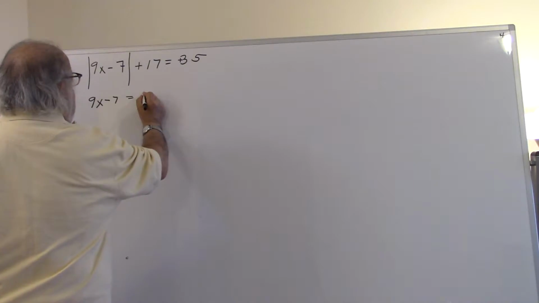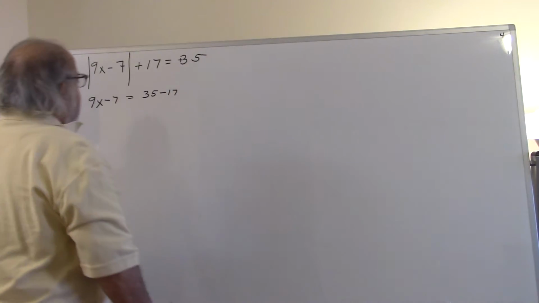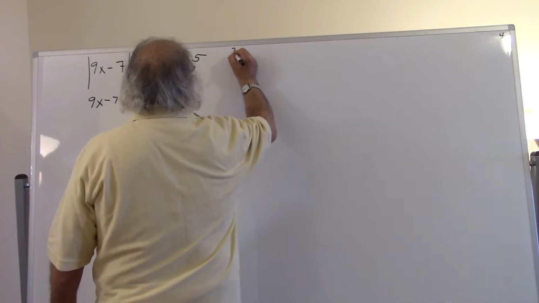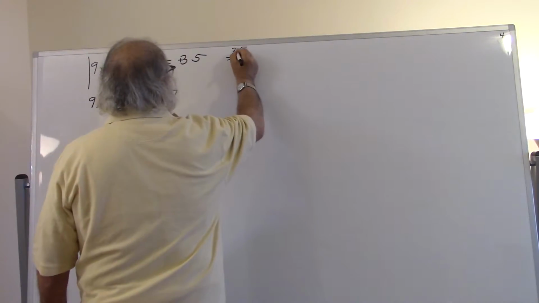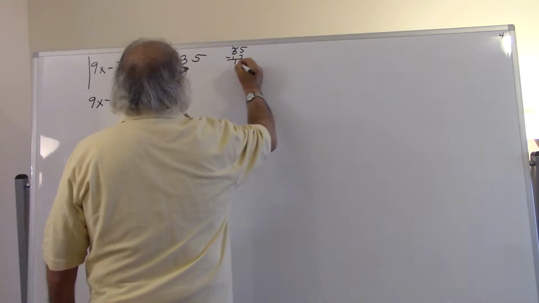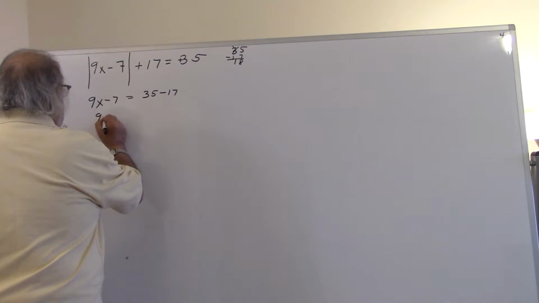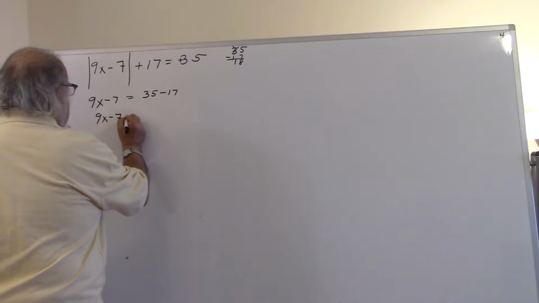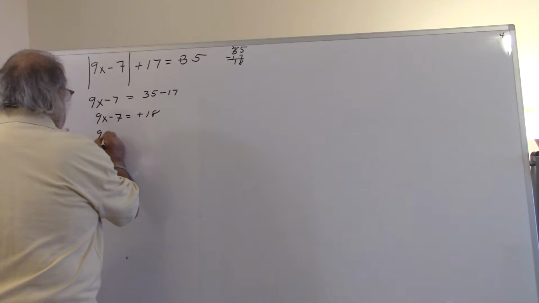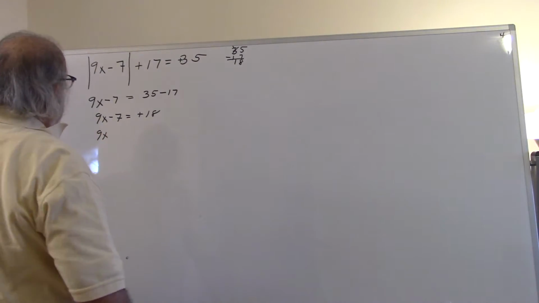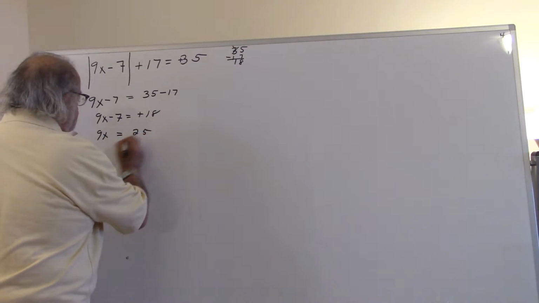So 35 minus 17, that's 18. So 9x minus 7 is plus 18. 9x, now add the 7, equals 25.